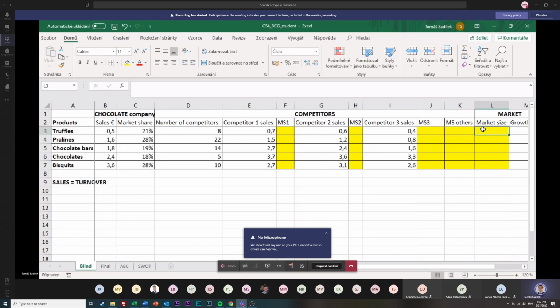The whole market size is calculated as the sales divided by the market share. So the overall market size is the sales, 0.5, divided by the market share of 21%. This is the first step, to calculate the market size for all products.